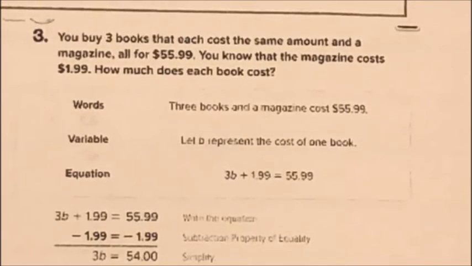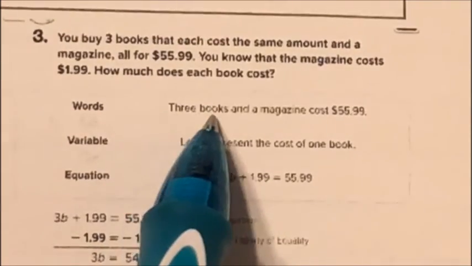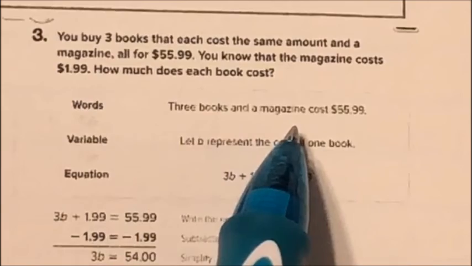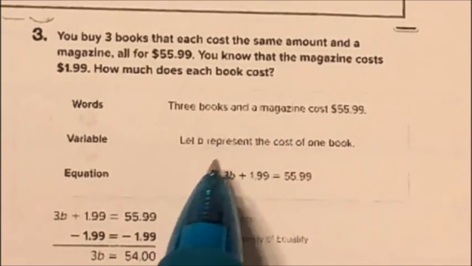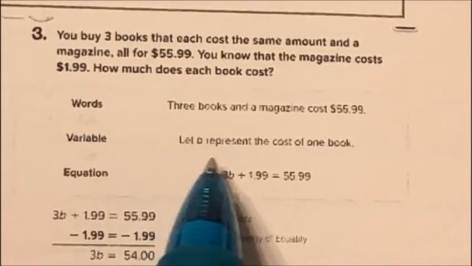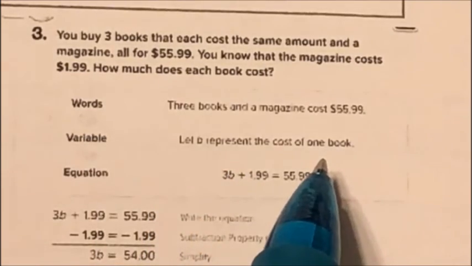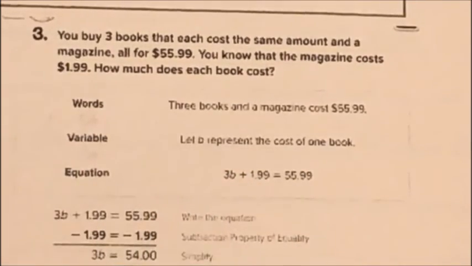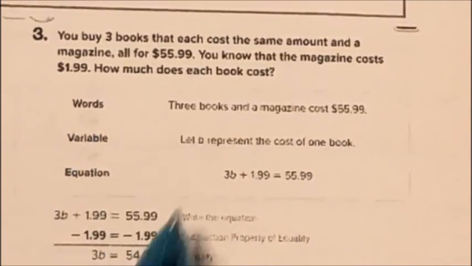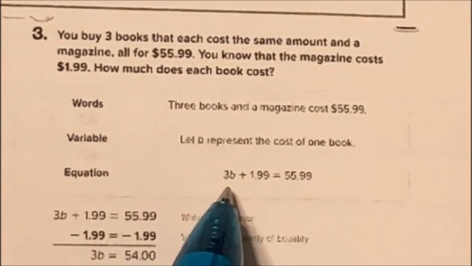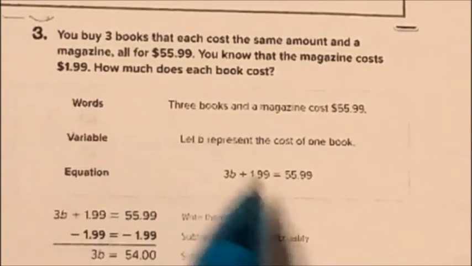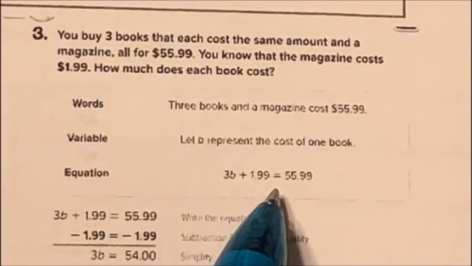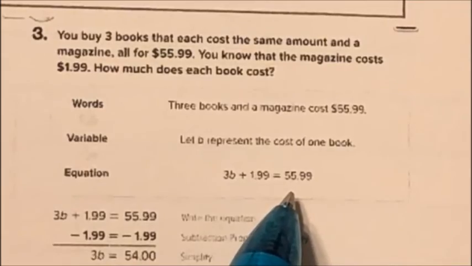So I know that I have 3 books and a magazine, and that costs $55.99. So I'm going to let B represent the cost of 1 book. You don't have to use B. It's completely up to you. So I bought 3 books, right? 3B plus the cost of my magazine, which is $1.99, equals $55.99.